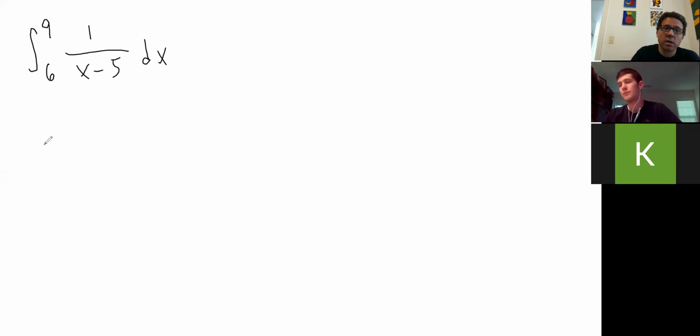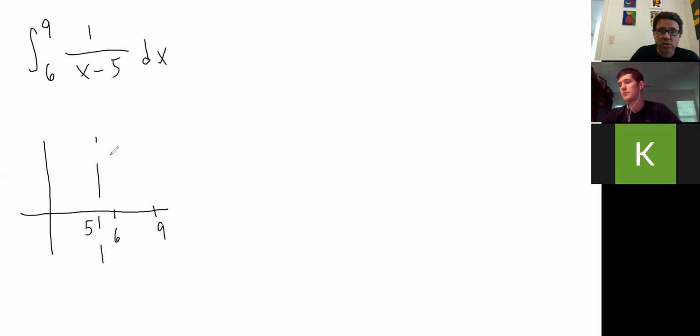You can do this with bounds, where you can do the antiderivative. Well, it's not antiderivative anymore. It's a definite integral. So we know that this represents an area. So if we actually drew this function, turns out that there's an asymptote at 5, and between 6 and 9, we can just plot some points.